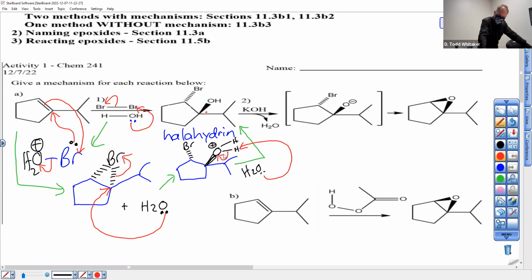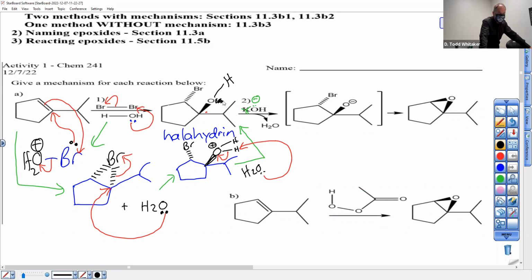This next reaction is not a new reaction either. What's going on? OH minus is becoming H2O. What kind of reaction is that right away? Acid base. So that's my base. Where's my acid? Tertiary alcohol is my acid. I'm drawing the H here and scribbling off the old one because I have to show the bond breaking.